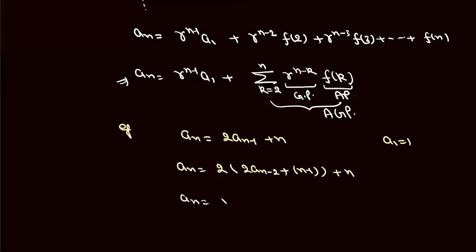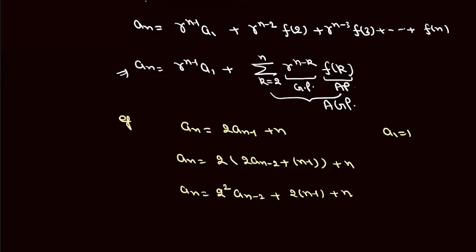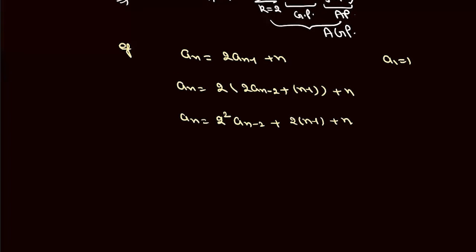So this A(n) will be 2 square A(n-2) plus 2(n-1) plus n. If we write it for A(n-3), we can write this as A(n) equal to 2 cube A(n-3) plus 2 square (n-2) plus 2(n-1) plus n.